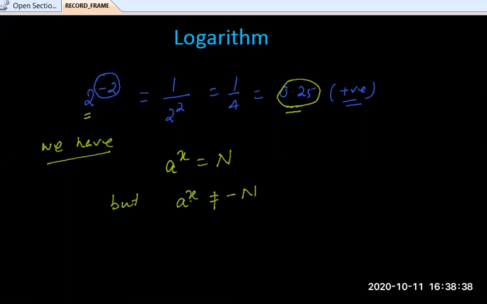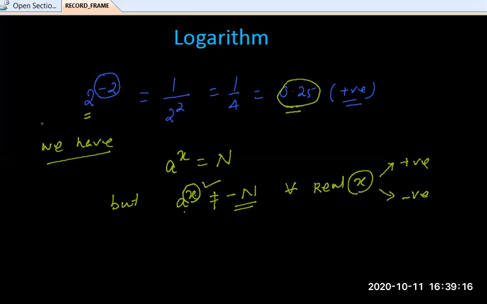Whatever the index x, it never gives you a negative value, for any real x. x may be positive or it may be negative, but whatever the value of x, a to the power x is never equal to the negative of a number. Here n belongs to R. It never gives the negative value.